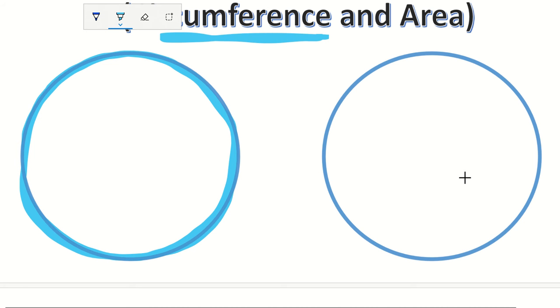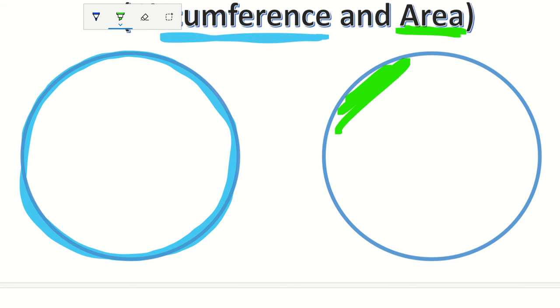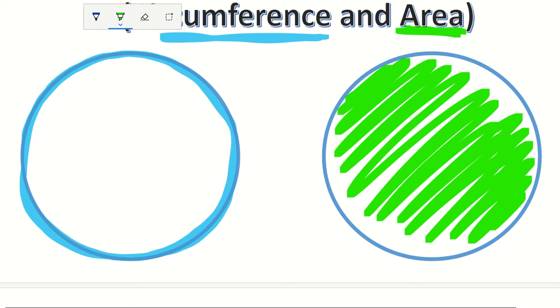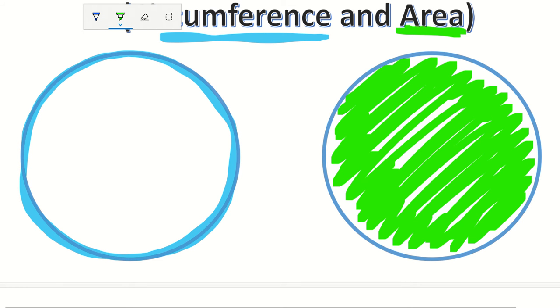And then the area is how much the circle covers, like the inside of a circle. What's the space inside? That would be considered the area. These are the two things that we're going to actually calculate today.